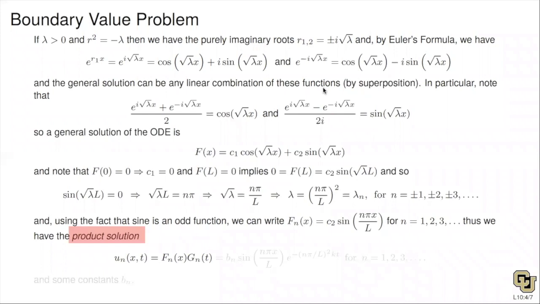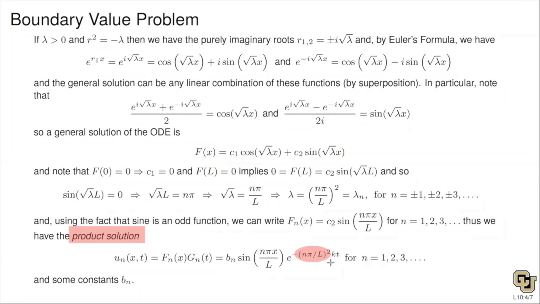So now I'm saying U sub n is F of n times G sub n, where for each n, that's a solution. That's a product solution. And here, look, I replaced the lambda with lambda sub n, because the time domain problem solution was like e to the minus whatever lambda kt.